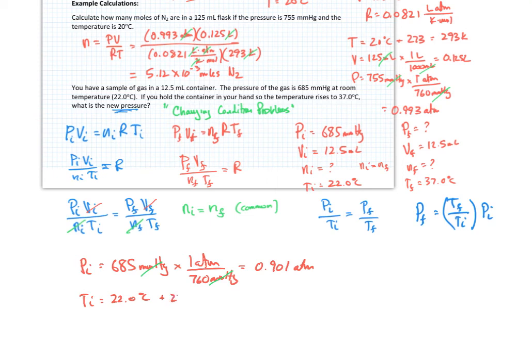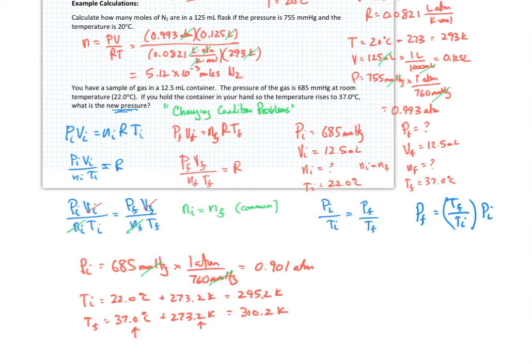T initial is 22.0 degrees C. We're going to add to that 273.2 Kelvin, and that is going to give us 295.2 Kelvin. And T final is equal to 37.0 degrees C plus 273.2 Kelvin. I've added the extra decimal place because this one goes to the tenths place, so I've rounded up the 0.15 also to 2. So this is going to be 310.2 Kelvin.